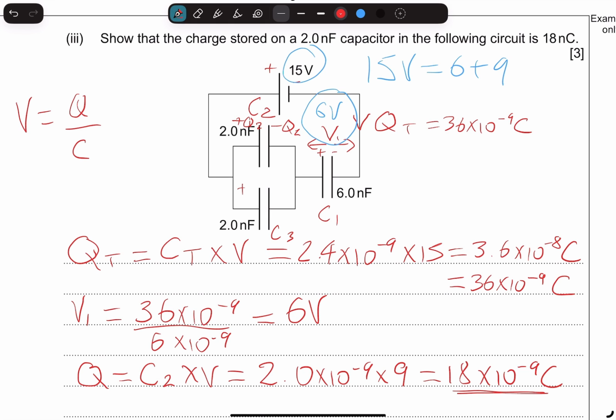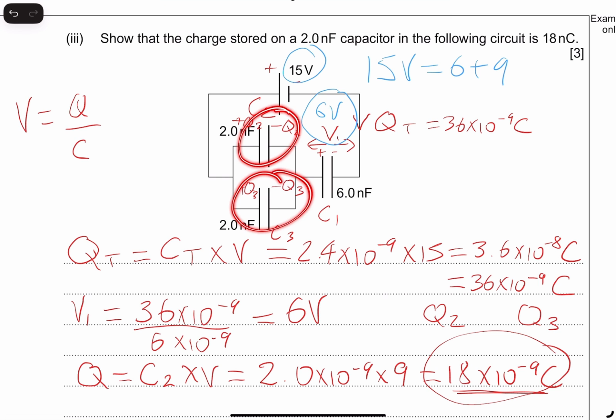On this plate here you have a charge of Q3 and minus Q3 on this plate. And this charge here is Q2, but it's also Q3. It's the same charge on that capacitor and that capacitor, because the charge that's flowed off this capacitor has basically split in two.